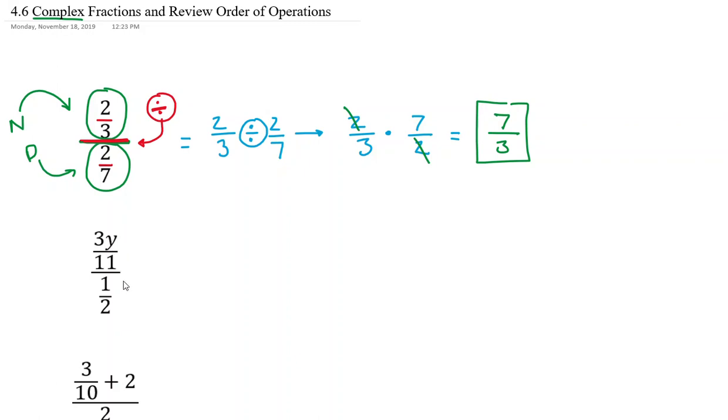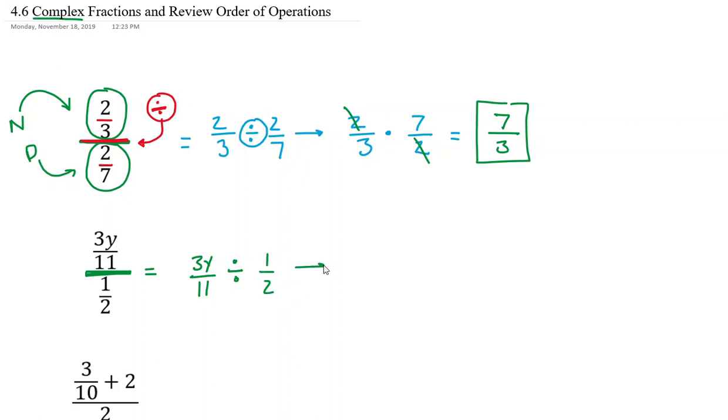So let's do that again. Let's do it with a kind of an algebra twist to it. So we have a fraction bar in the middle, 3y over 11 over 1 over 2. So we're going to just recognize this means divide by, and it means the top, 3y over 11, divided by the bottom, the denominator, 1/2.